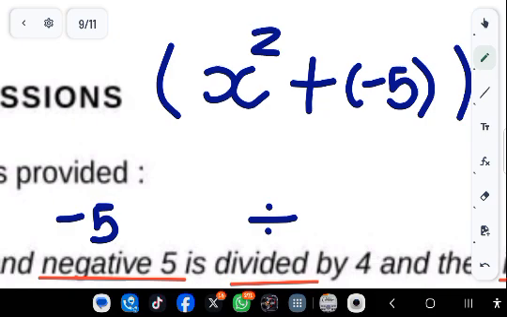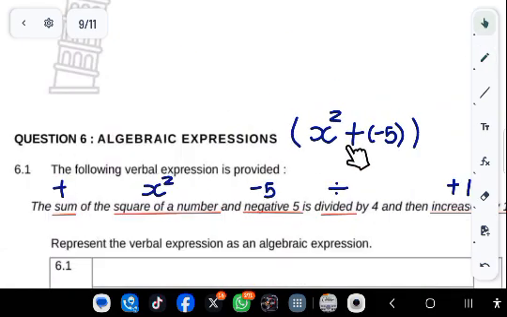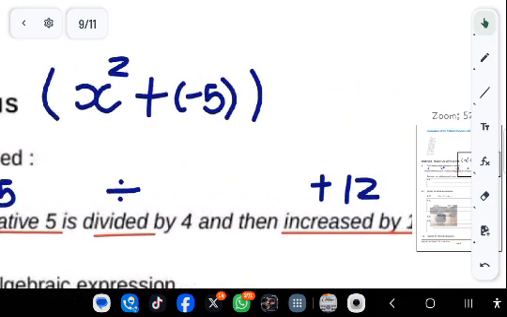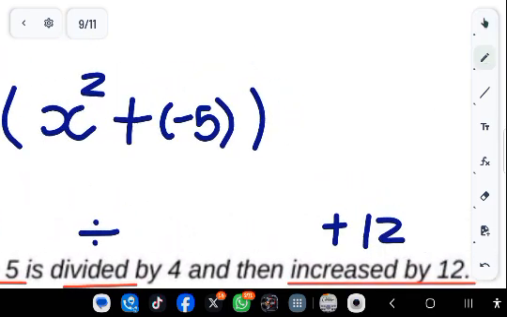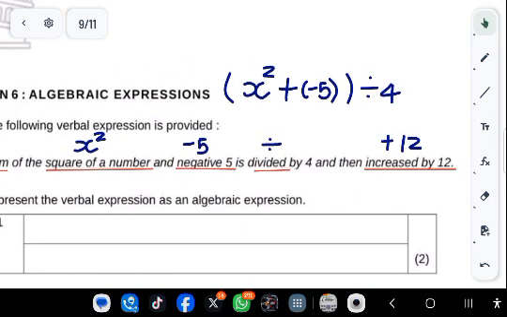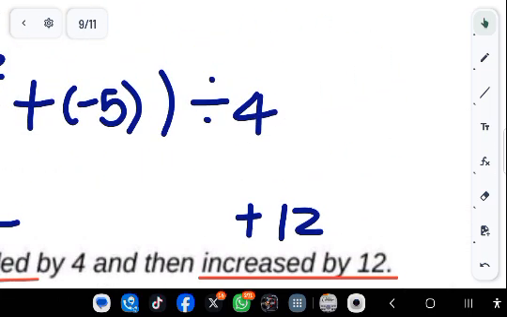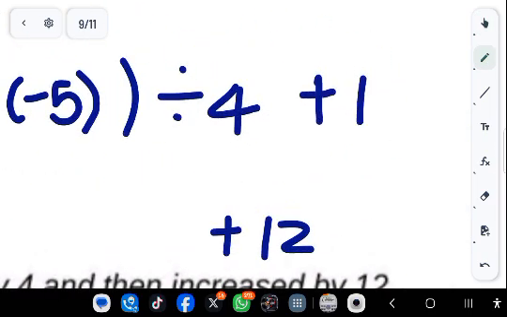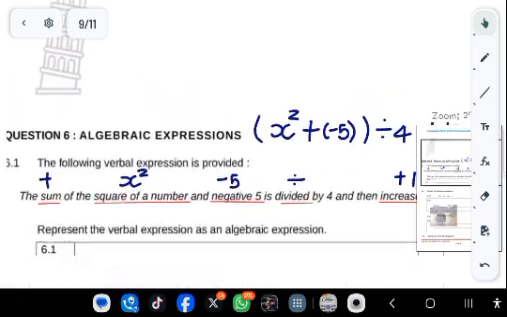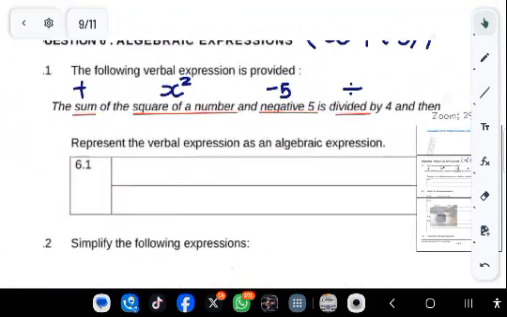That's the sum. The sum of this is divided by 4. So after adding these two, you divide by 4. And then increase by 12. After dividing, you go ahead and then add 12. And this is how the expression should be.